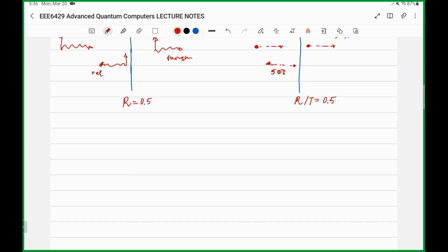And the same happens here. So we don't know if the photon decides to pass through or bounce off. For every single photon, we have to take into account both opportunities. And accordingly, we write this situation as a superposition of two cases.